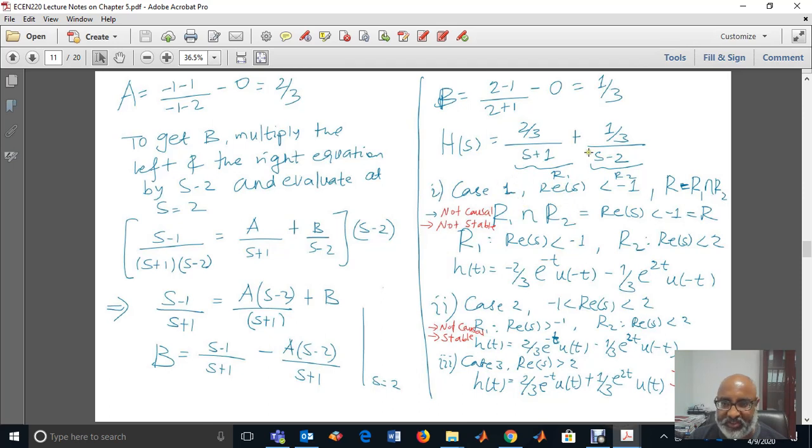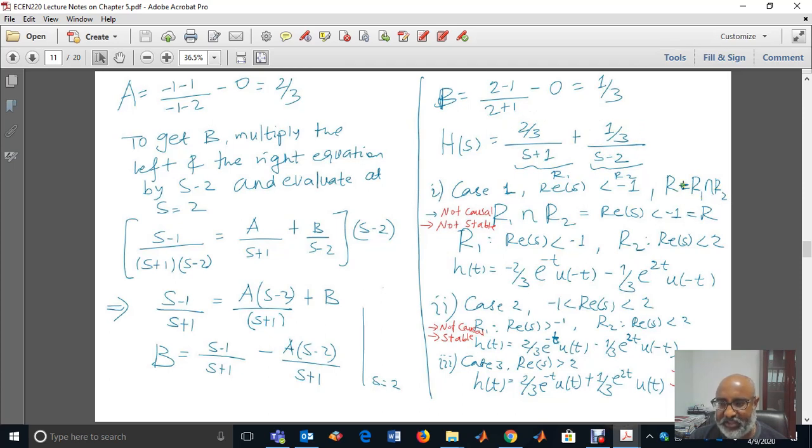Let's consider the overall system. The overall system means both the regions of convergence R1 and R2 lie in real of s less than minus 1, which means the overall region of convergence R is equal to R1 intersection with R2. R1 means region 1 for the first part, R2 region 2 for the second part.